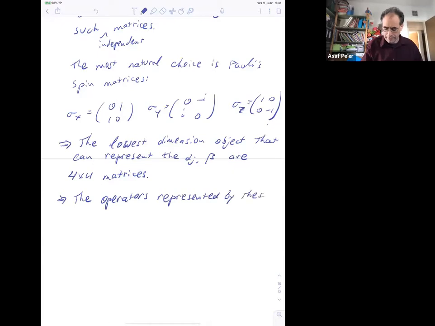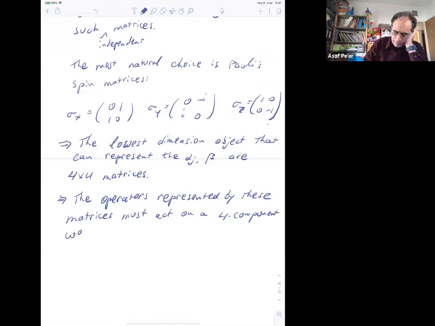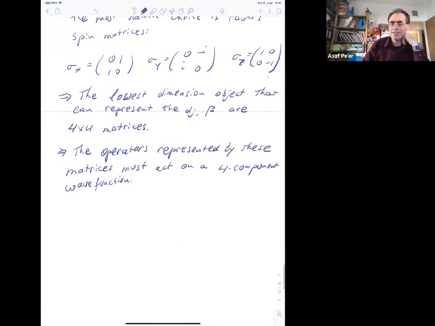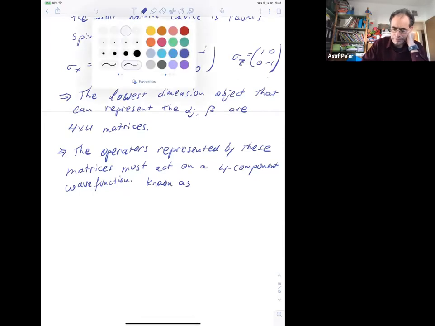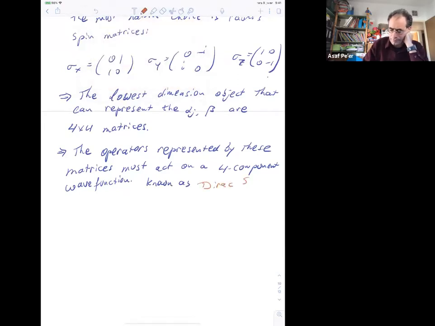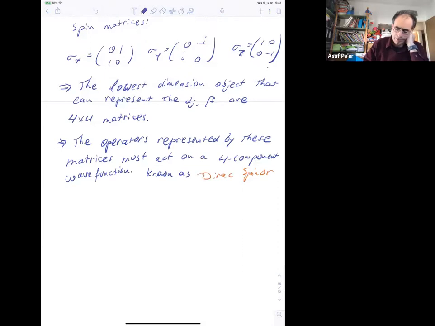This is known as the Dirac spinor: psi 1, psi 2, psi 3, psi 4.